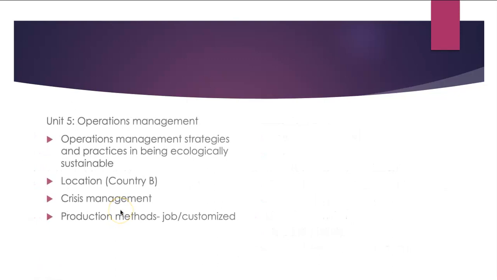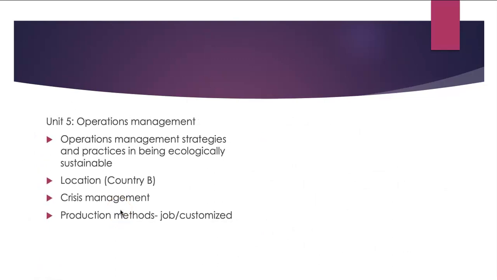Okay, and then finally for Unit 5, operations management. Now you need to look at operations management strategies and practices in being ecologically sustainable. Again, that is important. Also, location is key in operations management. Should they go to country B?